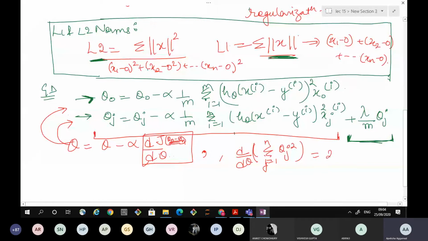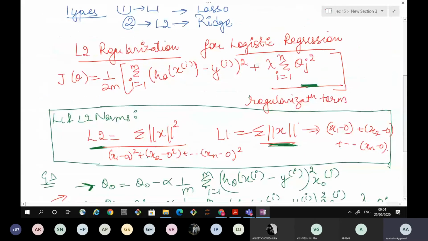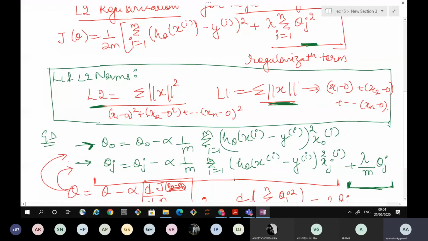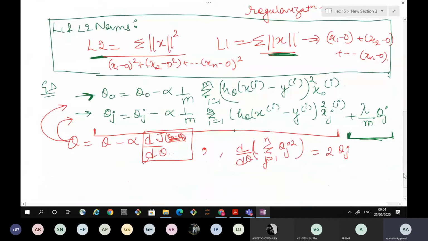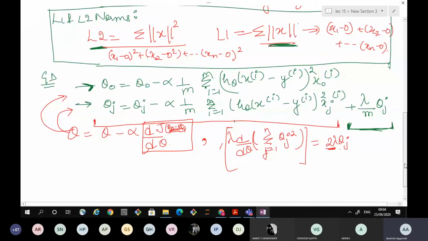I'll get 2 theta j, and I also have this lambda outside, so this would be 2 lambda theta j, right? Now why have we removed this 2?